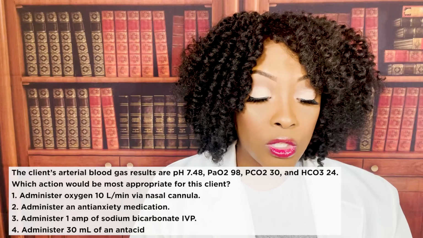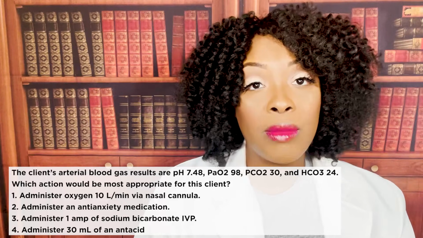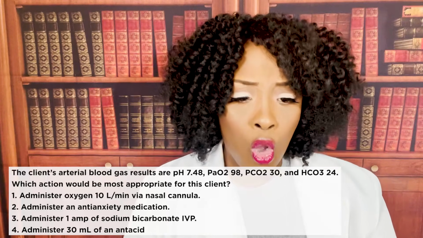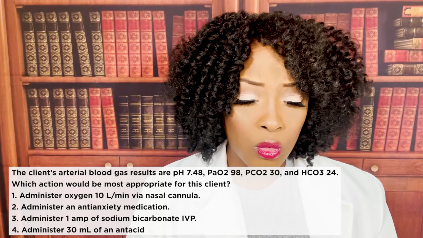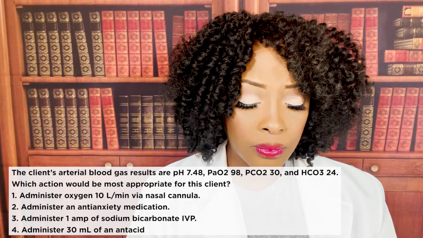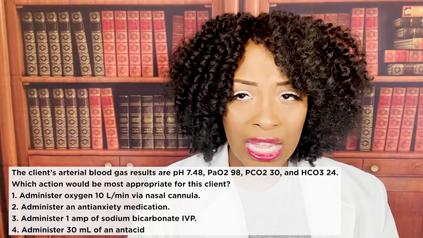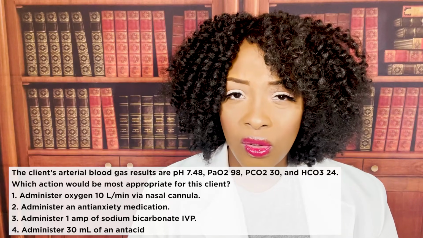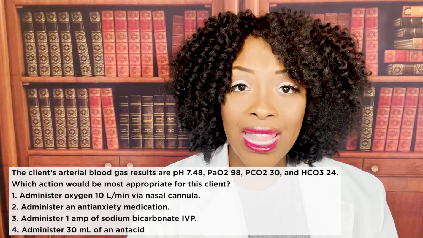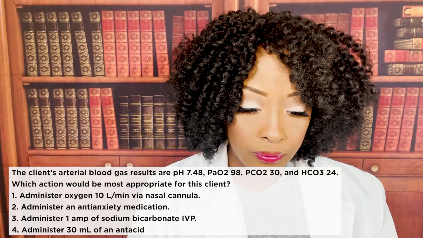And the correct answer is 2, administer anti-anxiety medication. How do we know this is the answer? Well, go back and let's look at what's going on with this patient, guys. That pH is 7.48. Your regular pH is 7.35 to 7.45, right? So this patient's going through what? Alkalosis.